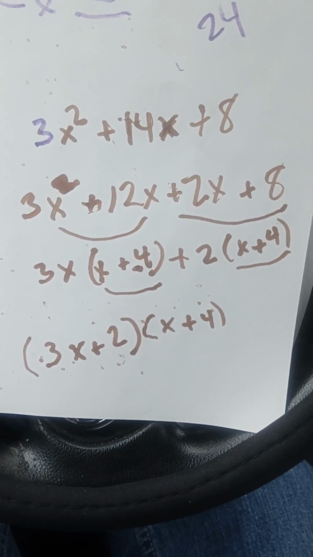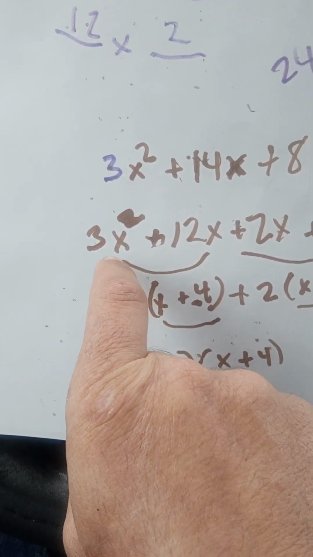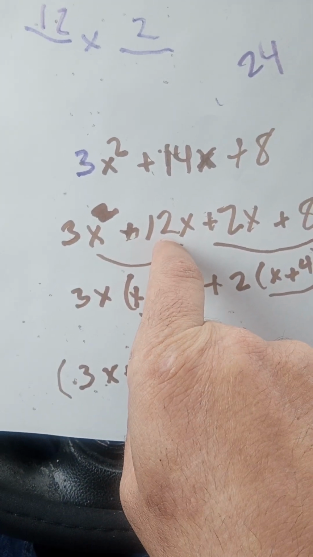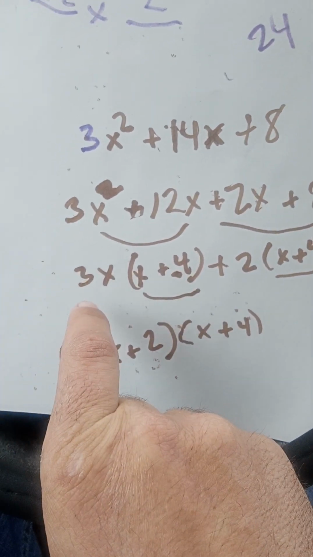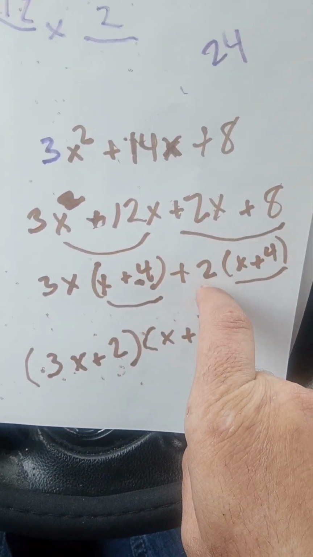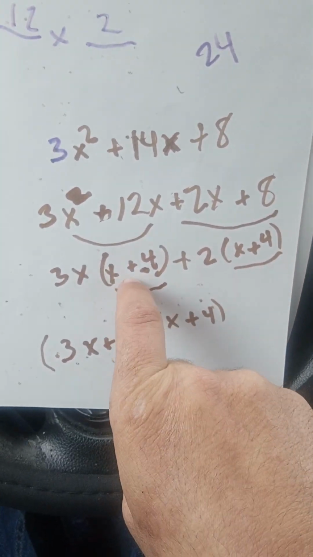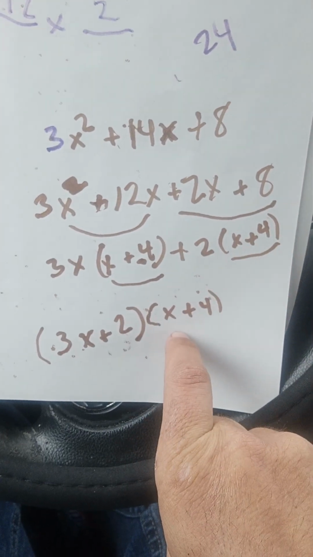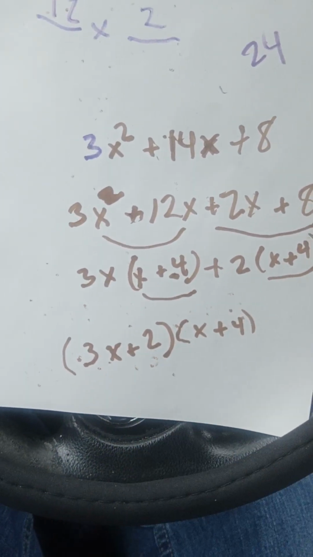So you got 3x squared plus 12x plus 2x plus 8, and then you factor from these two terms, and then you factor from these two terms. Factoring out 3x leaves you with x plus 4 on the inside, and factoring out 2 leaves you with x plus 4 on the inside. You drop down the x plus 4, because when you see two copies of the same term, you just make it one copy. And whatever is not in parentheses, you drop it down, and that completes the problem.